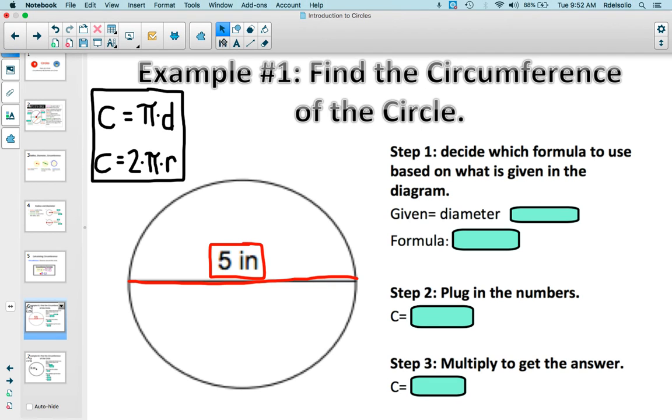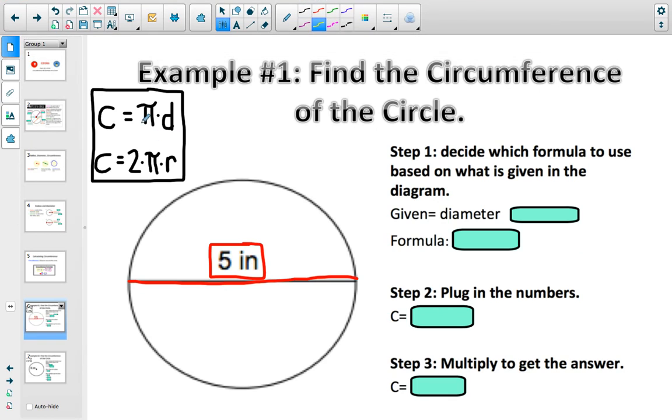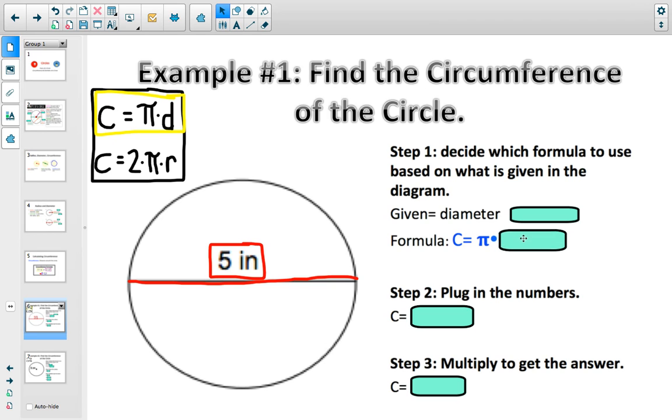So knowing that, which formula should we use based on the two? Since we're given the diameter, we're given the d, we're going to use this formula up top. Circumference equals pi times d. Again, circumference equals pi times d is the formula we are using.